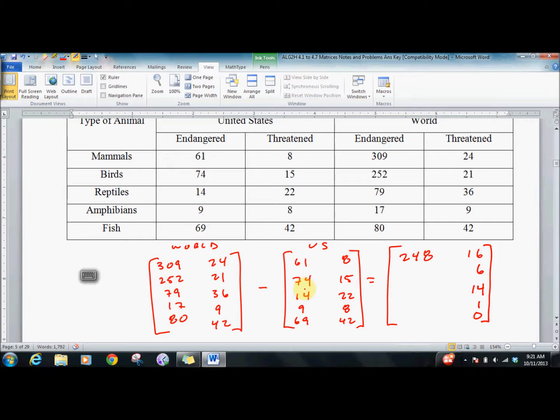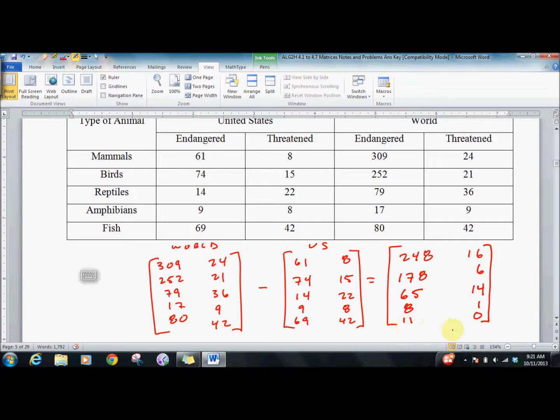252 minus 74. I believe that'll get us to 178, but I'm going to have to check. 4 and 8 is 12. Carry the 1. Yep, looks like I did it right. 79 minus 14. 17 minus 9. 80 minus 69.